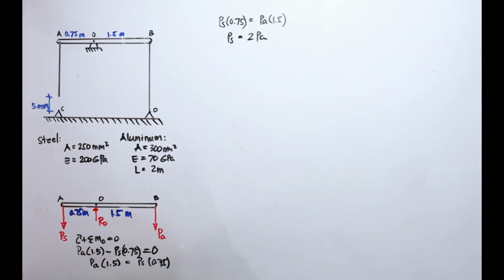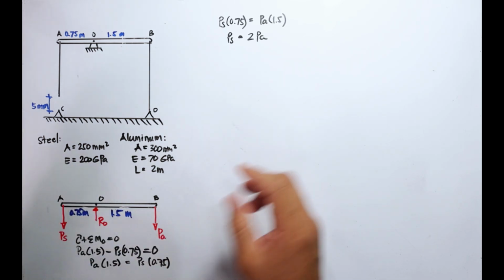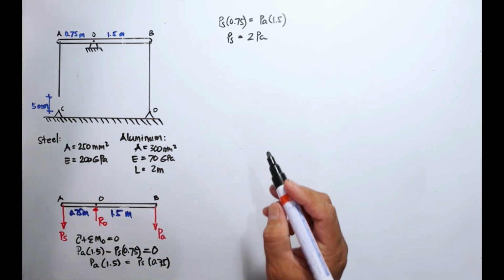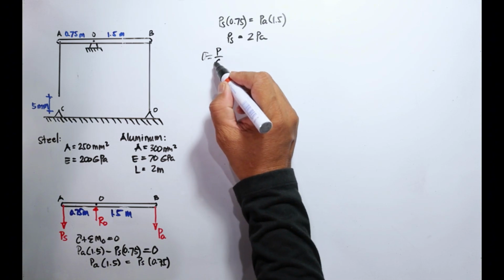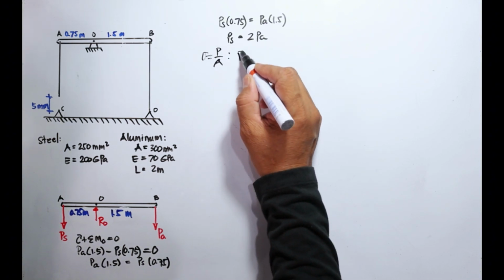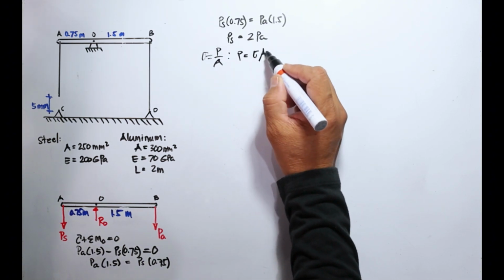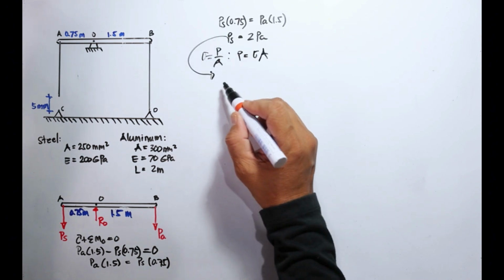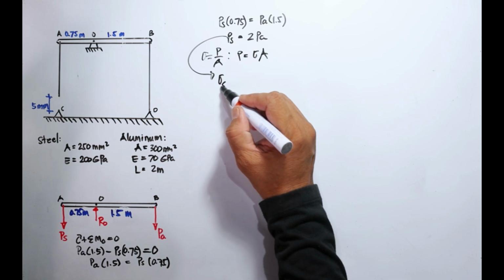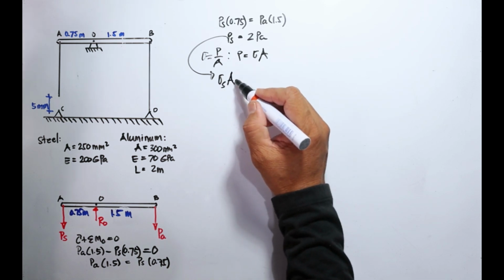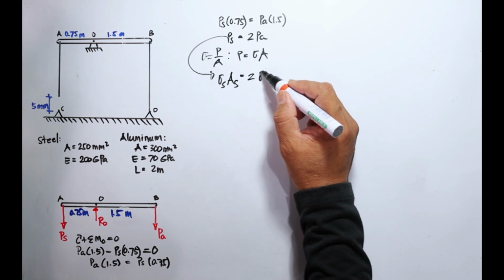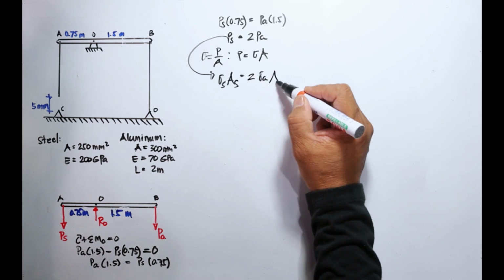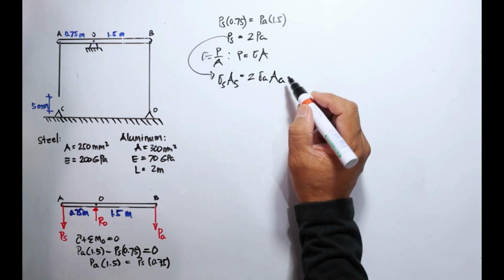Again, the problem asks for the stress in the aluminum. So let us express these forces in terms of stress, because we know stress is P over A, or P is stress times area. So this one is now the stress in the steel times the cross-sectional area of the steel rod is 2 times the stress in the aluminum times its cross-sectional area.